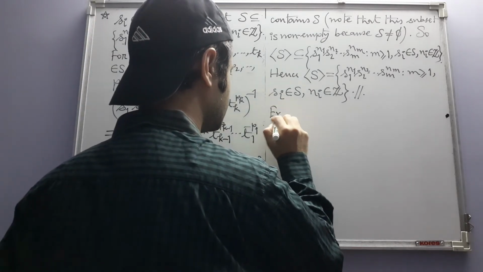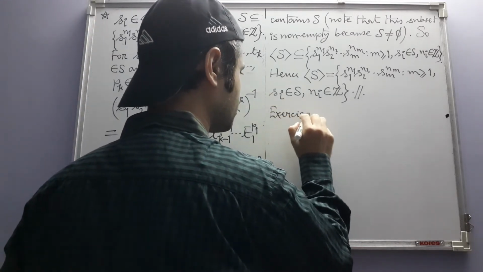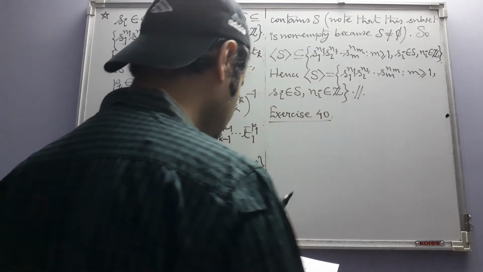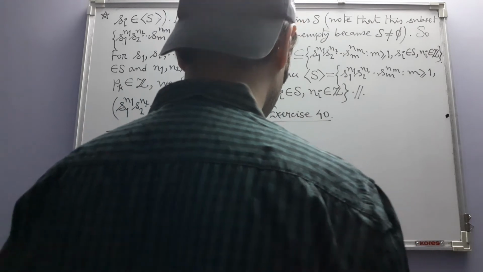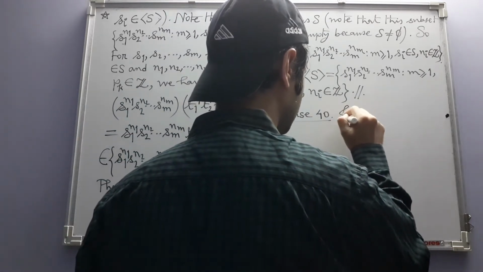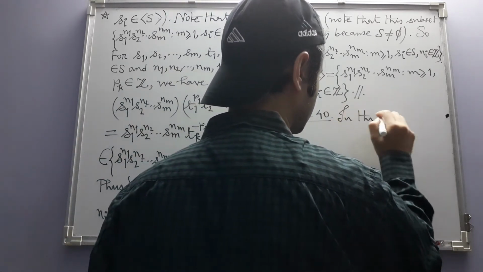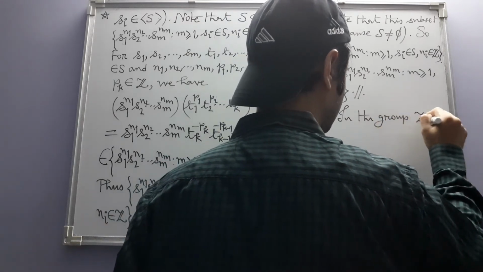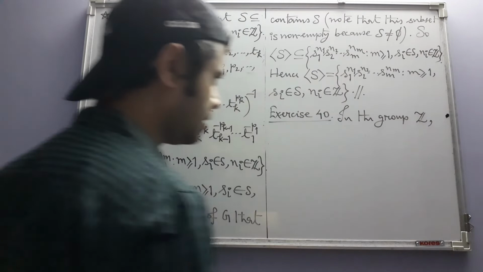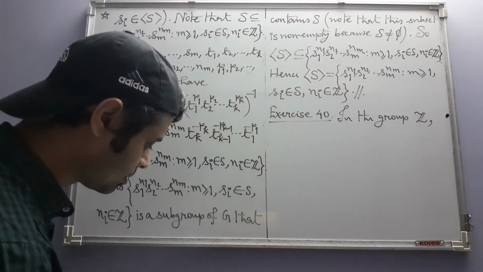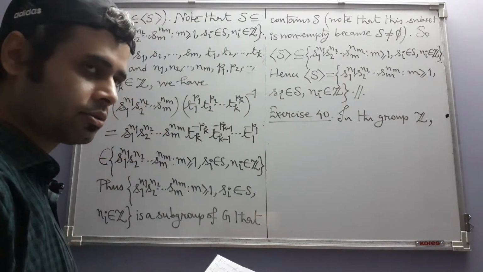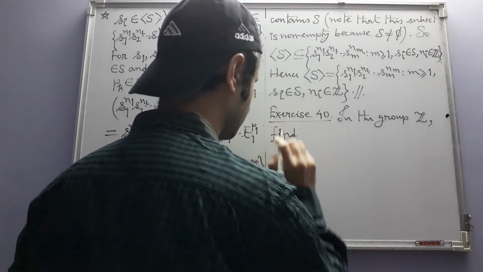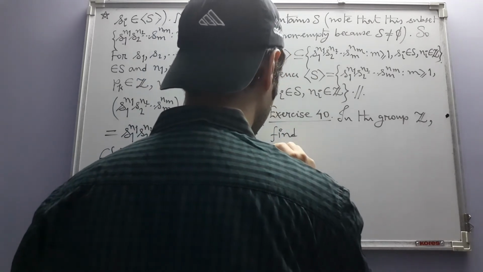Now in exercise 40, we are going to see some examples of this. In the group of integers, of course under addition, because under multiplication the integers don't form a group, find these things.